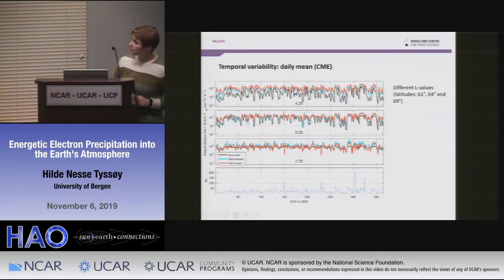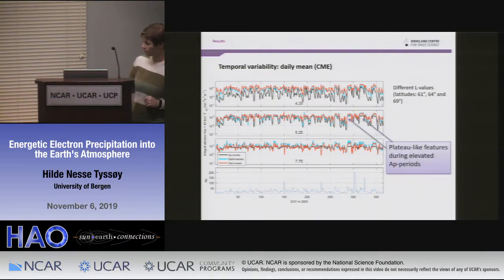So let's focus a little bit on the Halloween period, since that's so famous. We notice something with the AP model that we don't see in the loss cone fluxes: it kind of reaches a plateau.